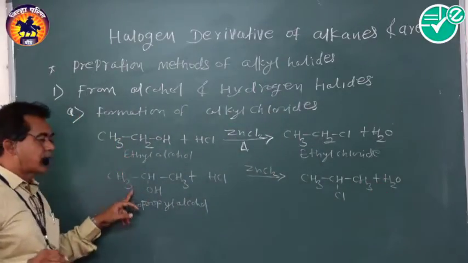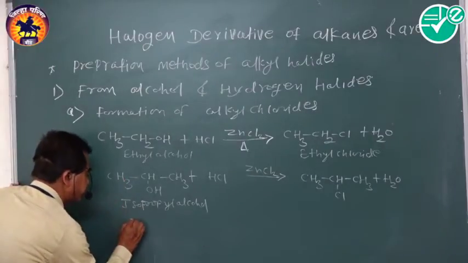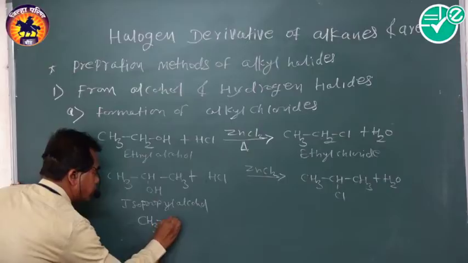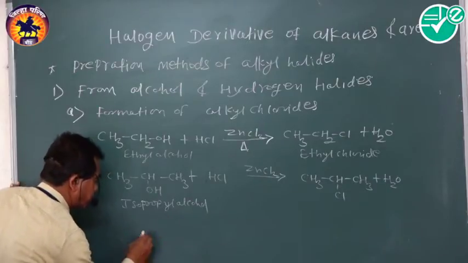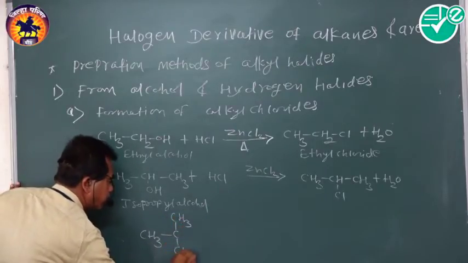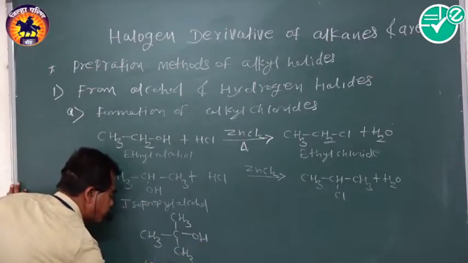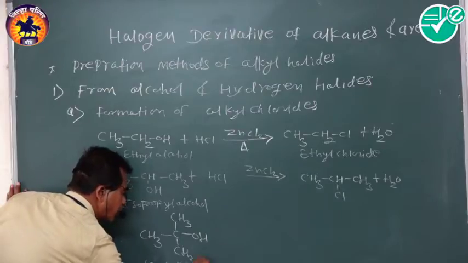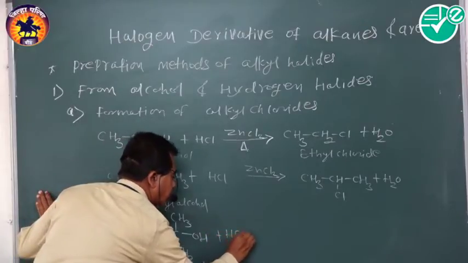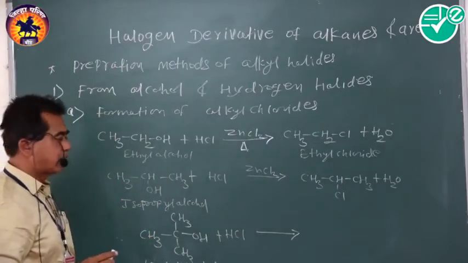Similarly, like primary and secondary alcohol, we also react a tertiary alcohol to give a tertiary alkyl halide. Here it is tertiary butyl alcohol, which reacts with concentrated hydrochloric acid, and here there is no need of ZnCl2 as a Lucas reagent.